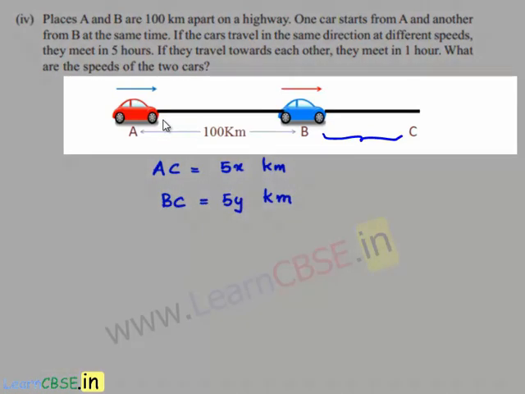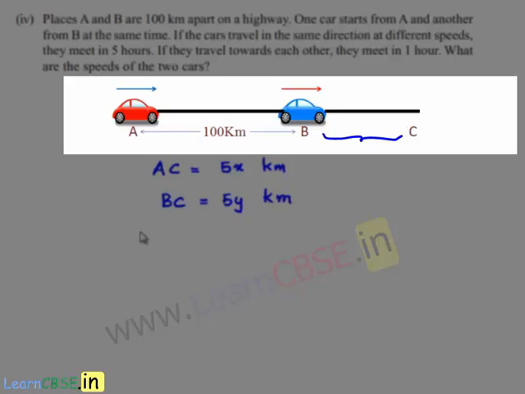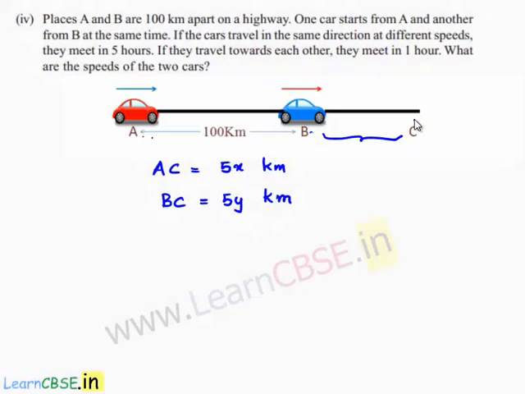By looking at the figure we can write AB plus BC is equal to AC. Clearly the distance AB is 100 kilometers. So in place of AB I can write 100, in place of BC we can write 5y, and AC can be written as 5x.